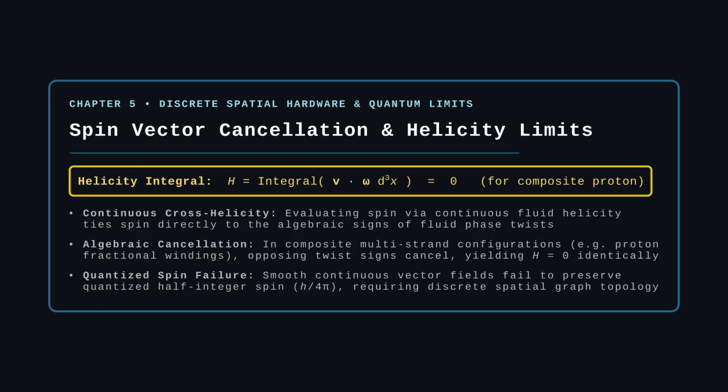When integrating over composite multi-strand configurations, such as a proton composed of fractional charge windings, opposing twist signs cause an exact algebraic cancellation. The calculated helicity of the proton identically equals 0. Smooth macroscopic fluid integrals fail to preserve quantized half-integer spin, h bar over 2, demonstrating that spin cannot arise from continuous vector velocity fields alone.